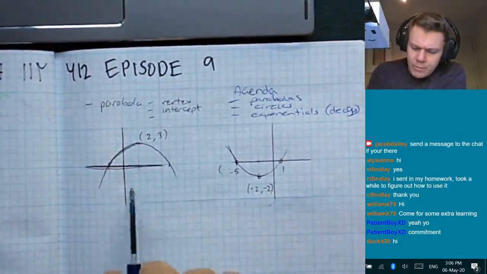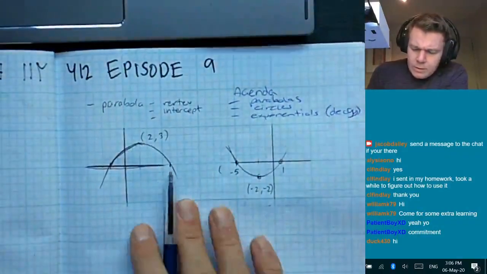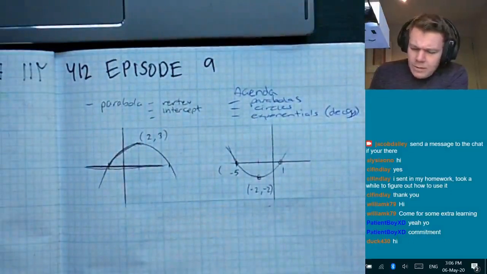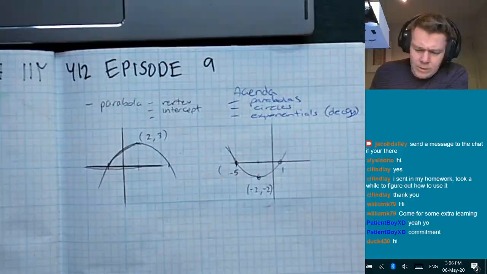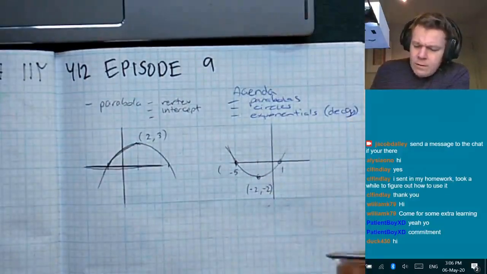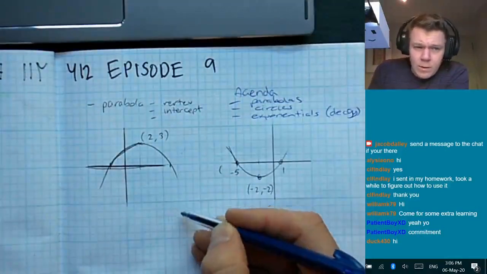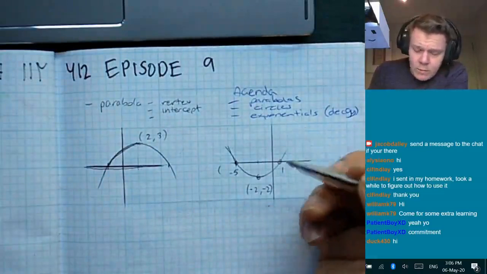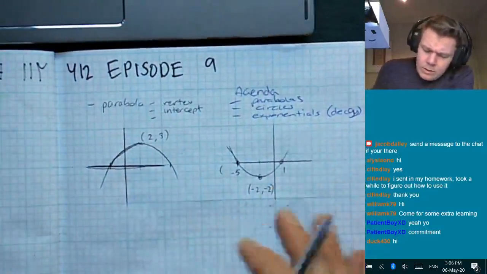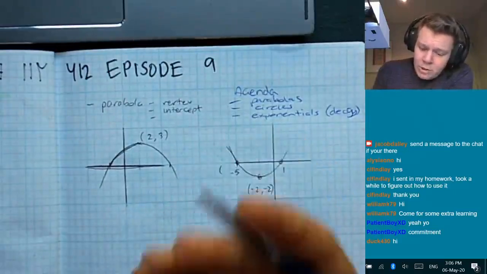I wanted to revisit parabolas, just because it's been some time since we've done a parabola problem. So this first one, I'm going to use the vertex formula. I might use it the way I showed you last lesson.